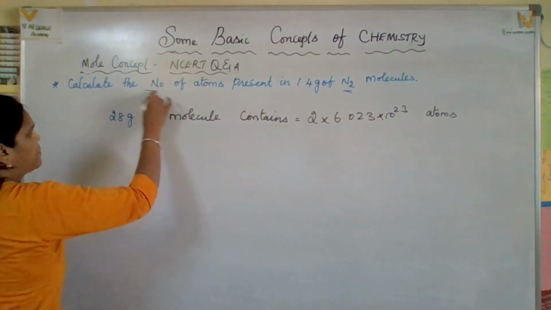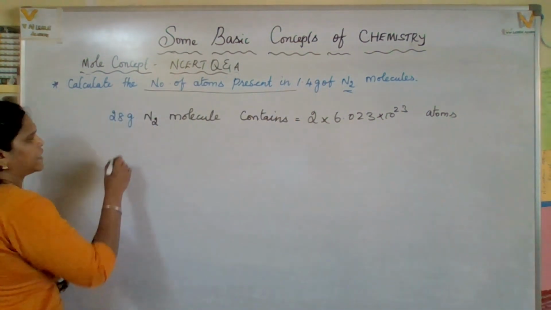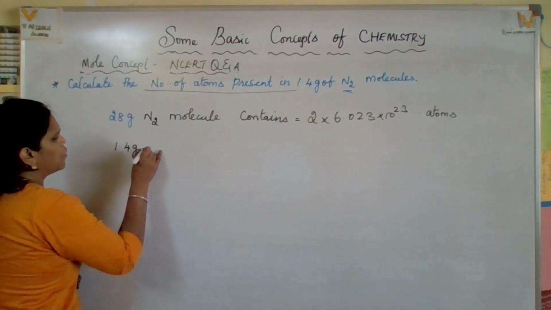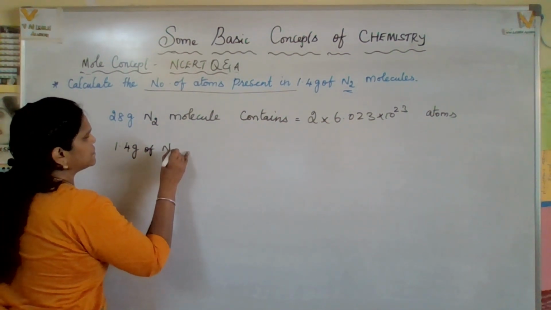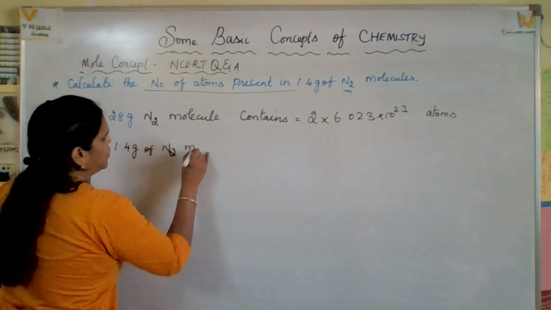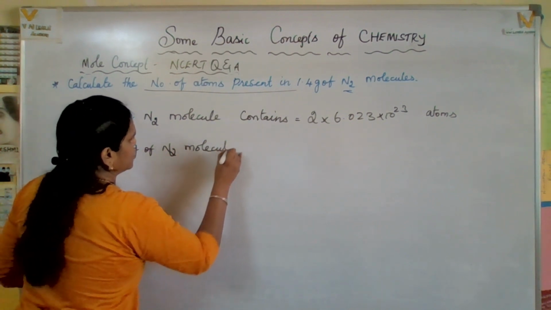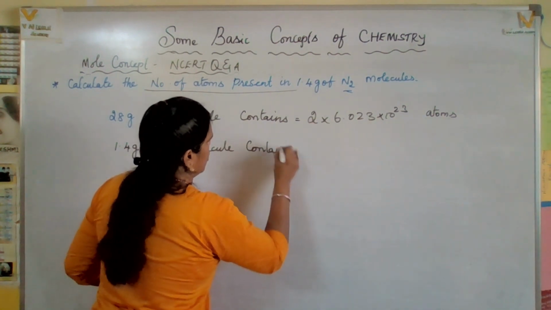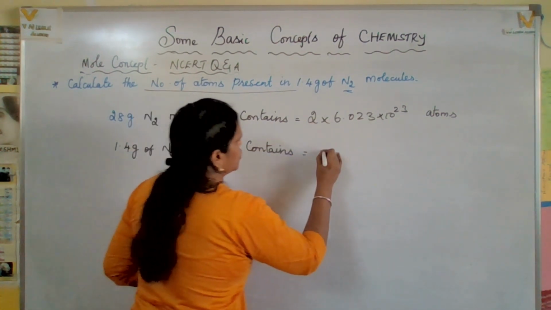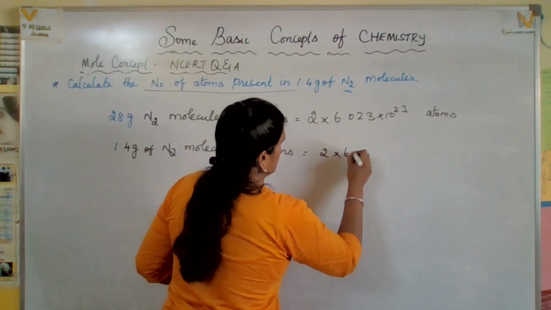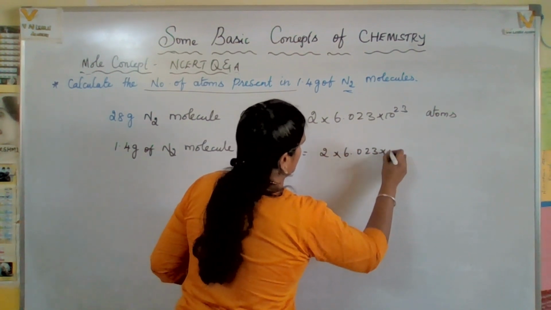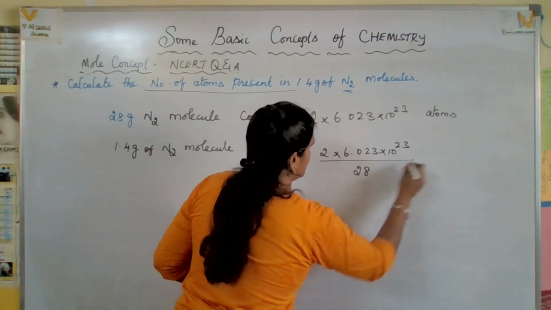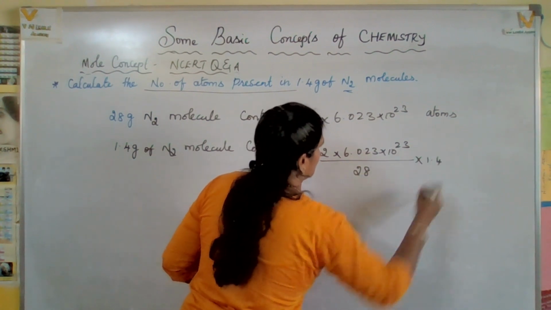Therefore they are asking number of atoms present in 1.4 gram. So 1.4 grams of nitrogen molecule contains how many atoms? 2 into 6.023 into 10 to the power of 23 divided by 28 into 1.4.